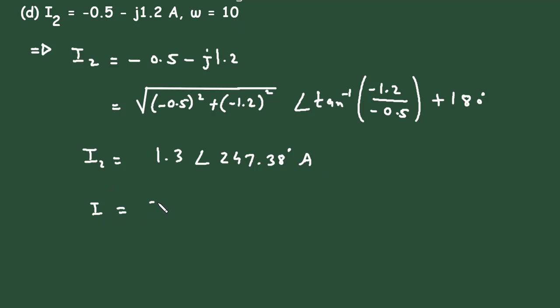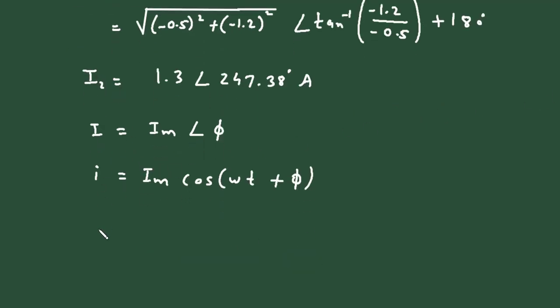And we know that I is equal to Im at an angle phi. We need this in the form I is equal to Im cos omega t plus phi. So this is I2.